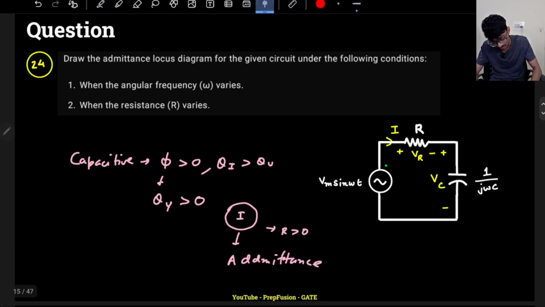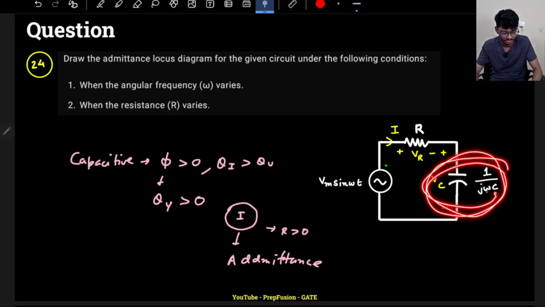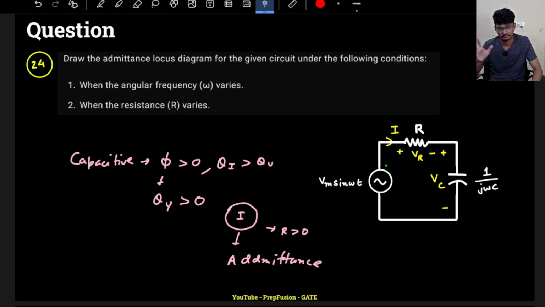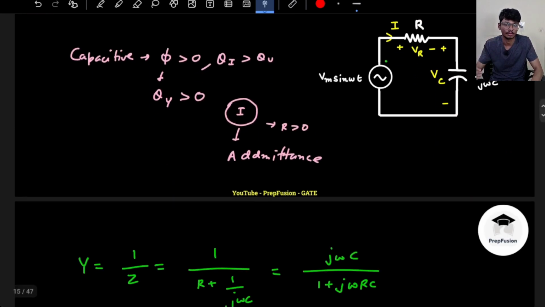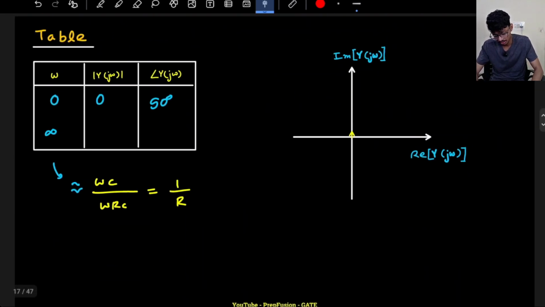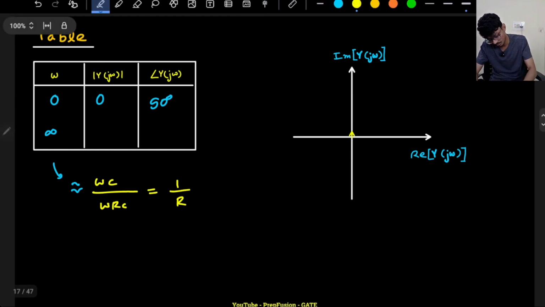At infinity, the capacitor provides zero reactance, so it is a purely resistive circuit, and for a purely resistive circuit, the admittance is simply 1 by R.